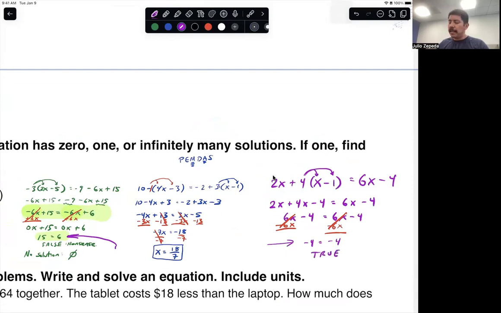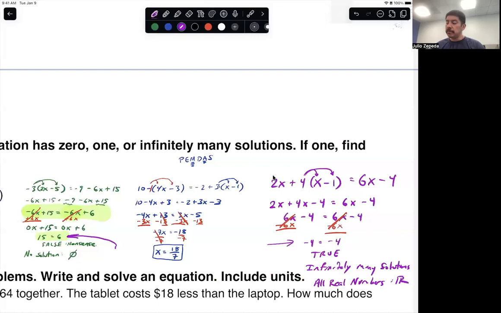And so what that implies is that there are infinitely many solutions. If we want to be a little bit more technical, all real numbers are solutions, which can be written with this little fancy R. So infinitely many solutions, yeah, that's good enough.